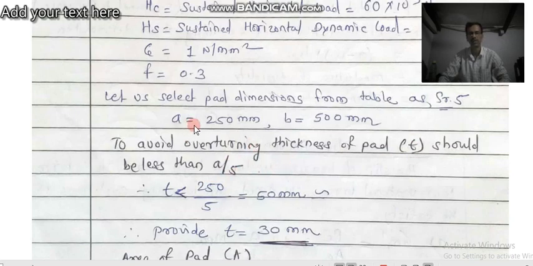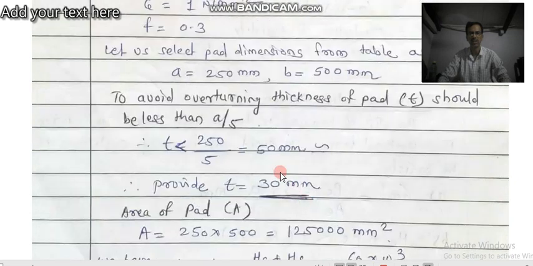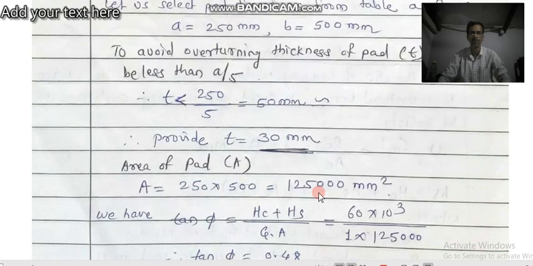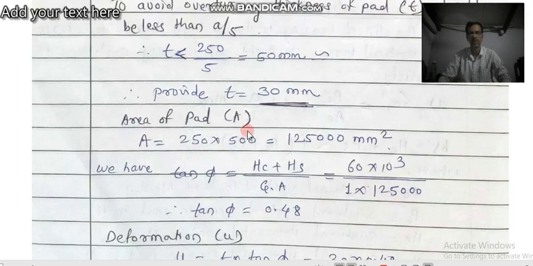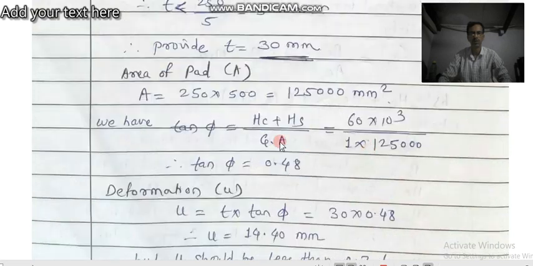As dimensions A and B are taken from the table, the thickness you have to assume must be less than A by 5, that is 250 by 5, which is 50 mm. So let us provide T as 30 mm. Thus the area of the pad is 250 into 500, that is 125,000 mm square.